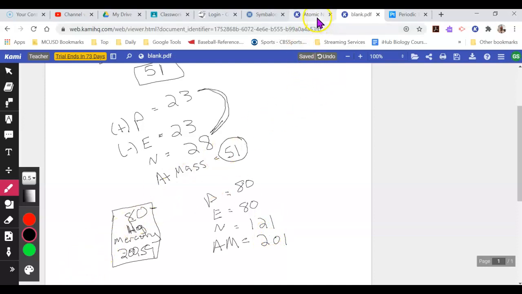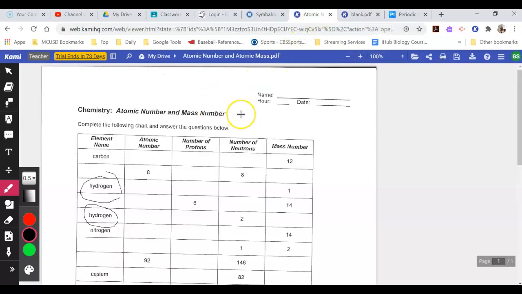All right, so let's go back here. I have a little shorthand for you that'll help you solve these problems. Remember, the atomic number is going to equal the number of protons.